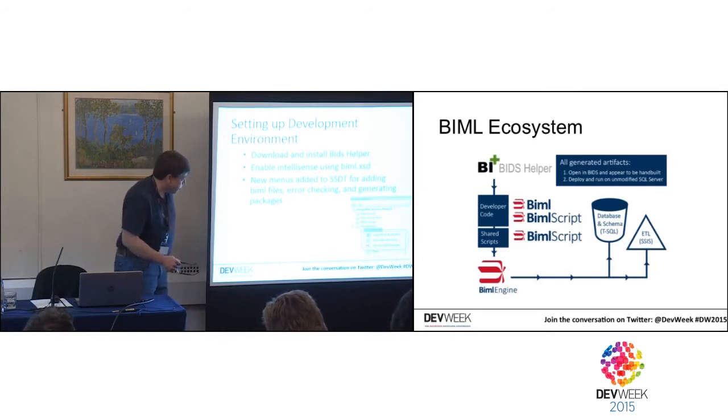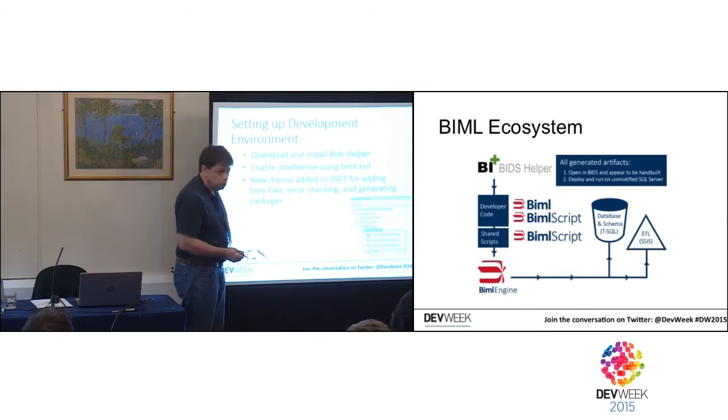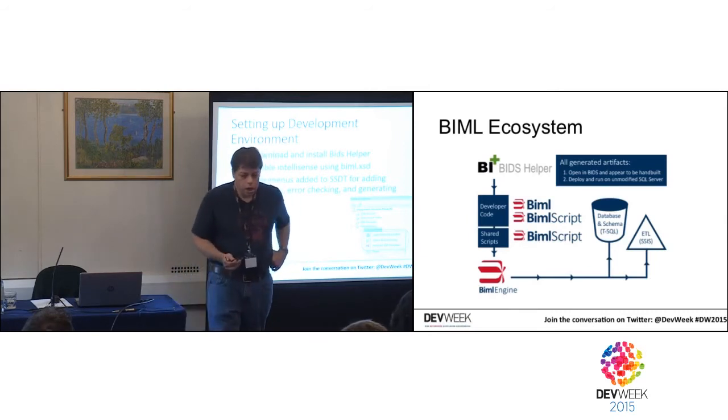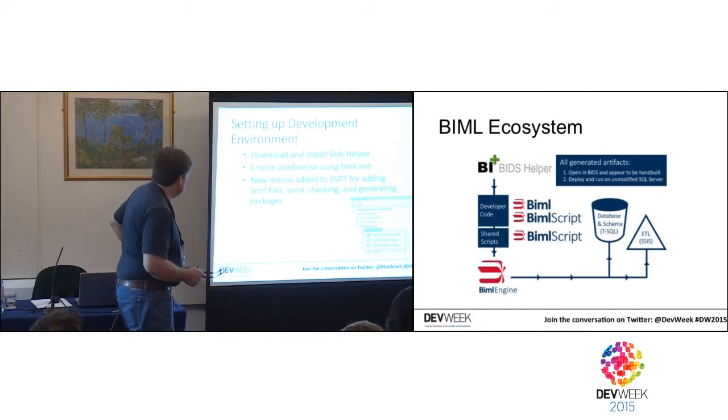Okay, so setting up the development environment. When you go out there, you download and install BIDS Helper. The next thing to do is enable IntelliSense using a BIML XSD file. If you plop that in, you can then have IntelliSense.